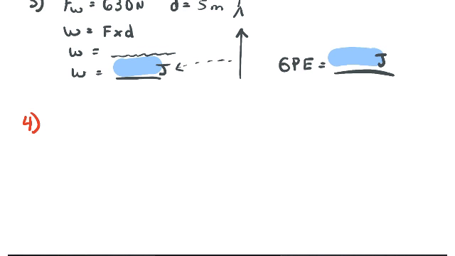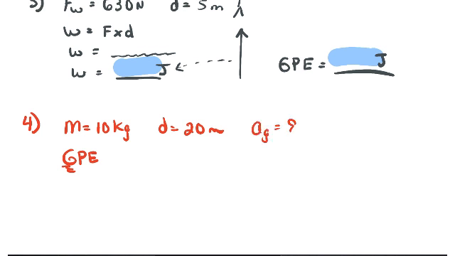We have number 4. It says that we have to find the potential energy of a mass. The mass is 10 kilograms, and it's raised a height of 20 meters. It's being raised, so that's gravitational potential energy. If you have gravitational, you've got to put acceleration due to gravity in on this.